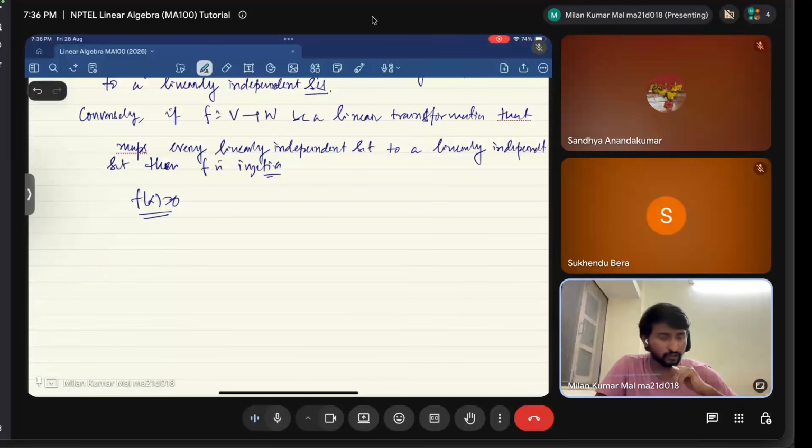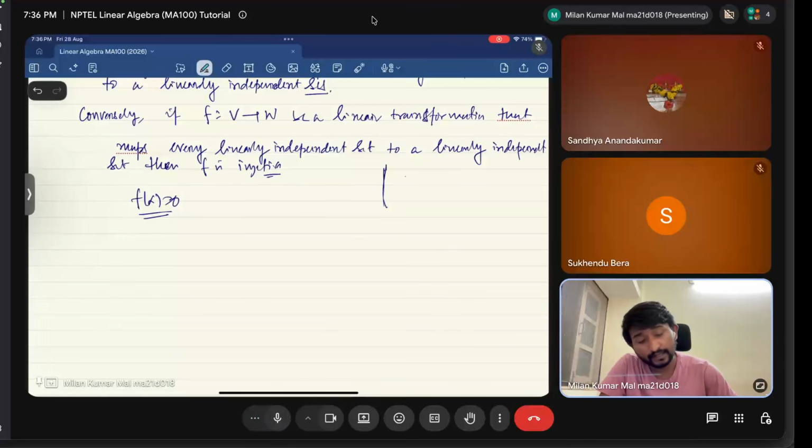If alpha is not equal to 0, then what can I write?